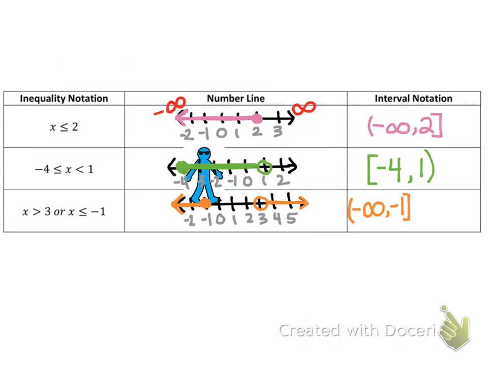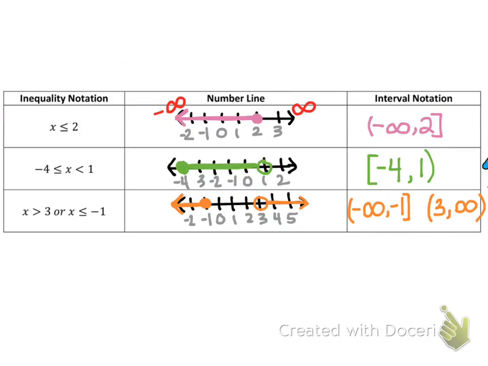Now he does not walk in between those. That is not part of our solution. So he takes a little detour, goes over to the next part of the graph. He starts again at positive 3 and then continues all the way to positive infinity from there. He keeps walking until he is out of the picture.